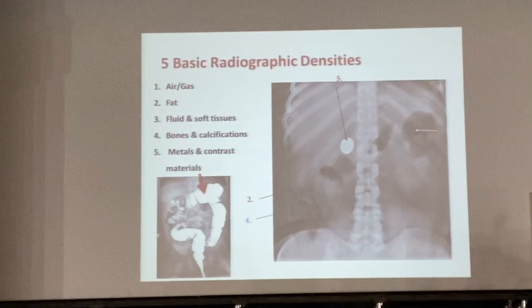If the tissue is of high atomic number, for example bones, calcifications, and metals, there will be maximum absorption and attenuation of the X-ray, so there will be no burning of the film and the area appears white. While air is of lower atomic number, there will be least absorption and attenuation, so the area appears dark due to burning of the X-ray film.